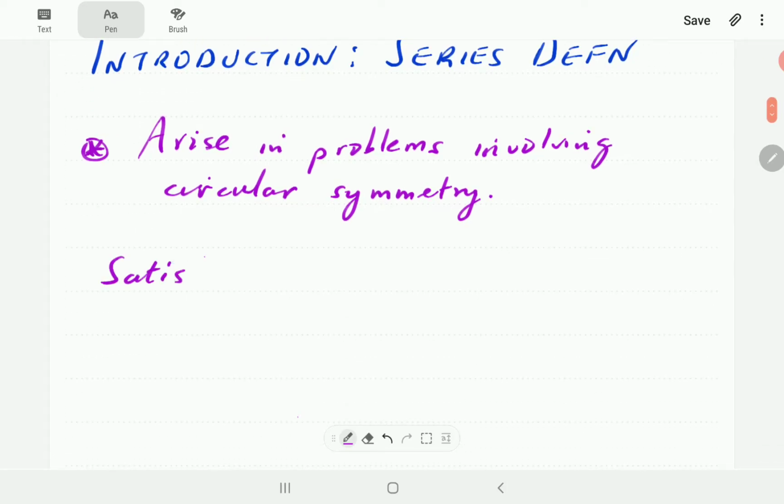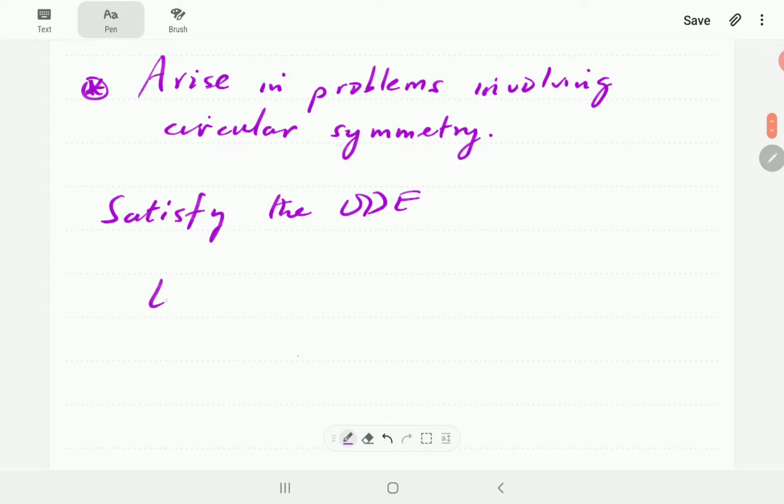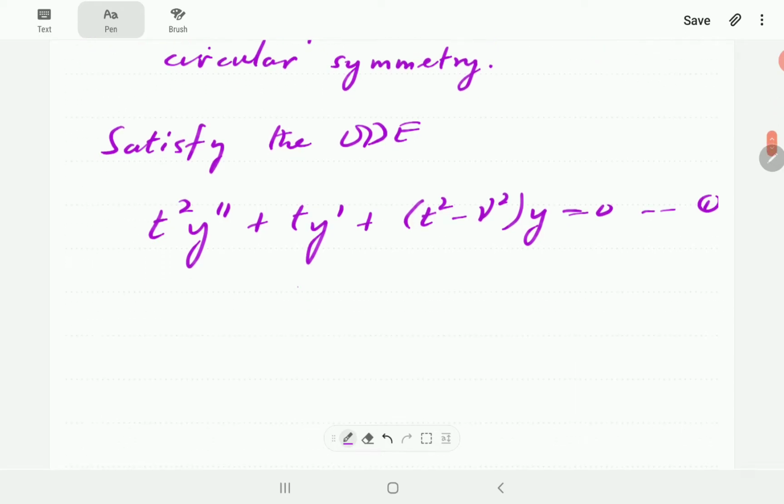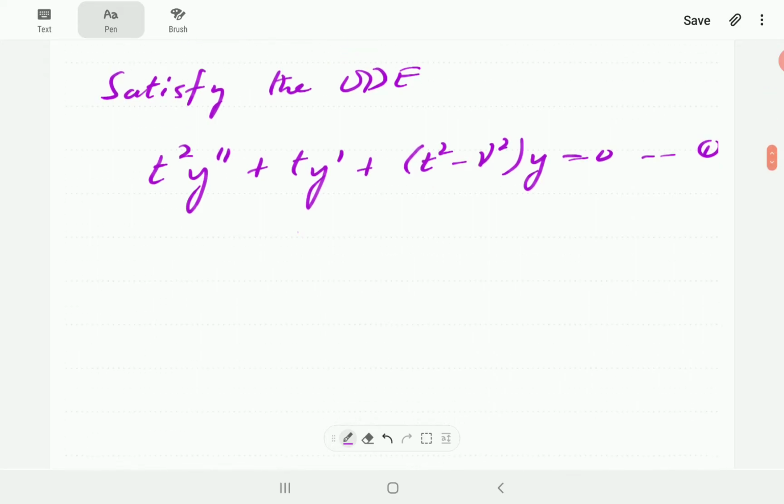So these functions satisfy the following ODE. We've got t squared y double prime plus t y prime plus (t squared minus nu squared) y equal to 0. I'm going to call this ODE equation number 1.